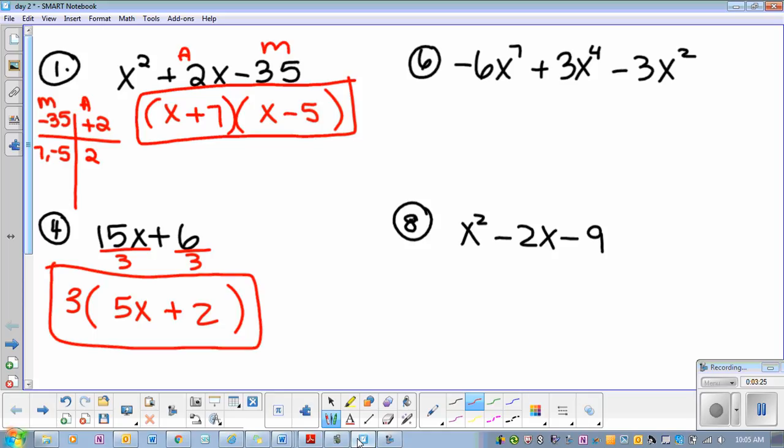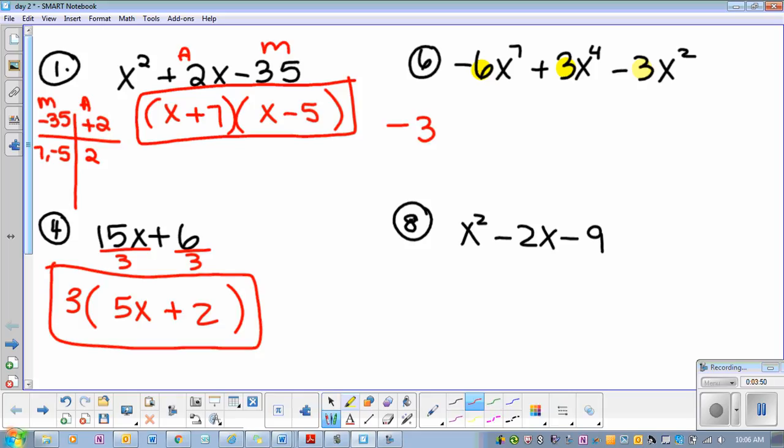Alright, so let's look at number 6. So number 6, what is it starting with? Negative, so that means you need to bring the negative out. Now, just the numbers, I have a 6, a 3, and a 3. What is the biggest number that can divide evenly into all of them? 3. Alright, so I got 3.